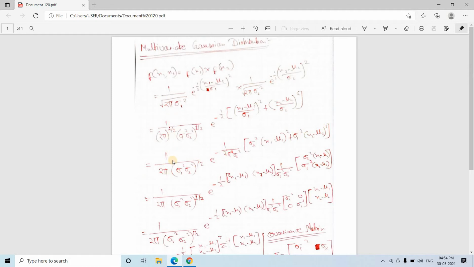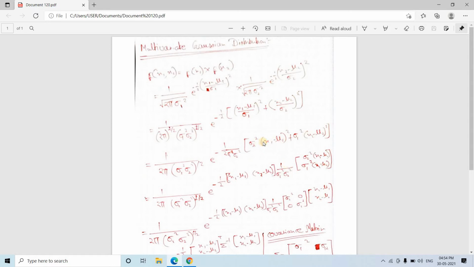Now in the next step, I am going to arrange this power term in this way. See here, something I have written; just see whether this power term and this term are the same or not. What I have done: minus half, here minus half is there; here 1 by sigma 1 square multiplied by sigma 2 square I have taken in the middle.